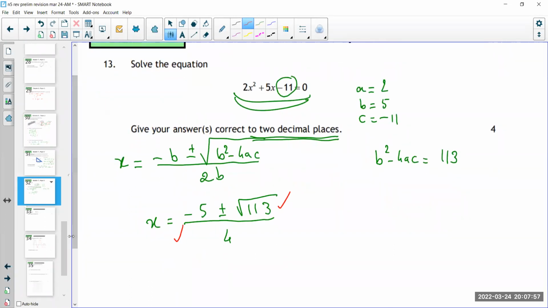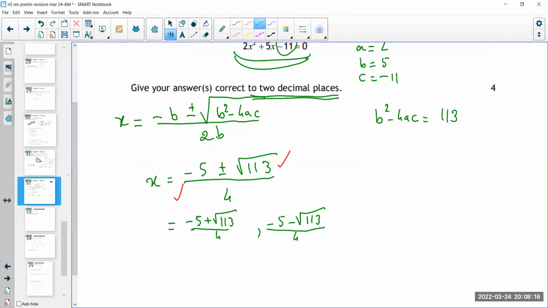Now to get your 4 marks, you need to plug that into your calculator to get your 2 answers, minus 5 plus root 113 over 4, minus 5 minus root 113, again, the whole thing over 4. So whatever you see written there is what you put in your calculator.